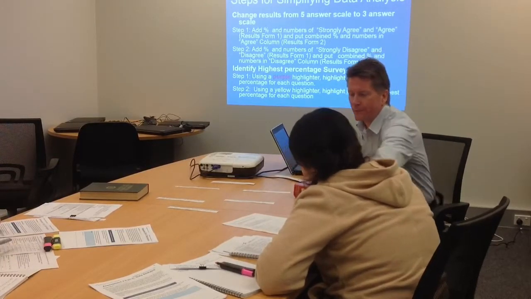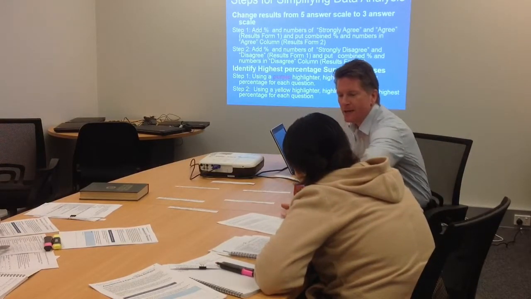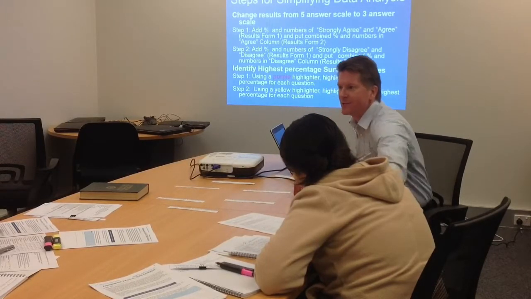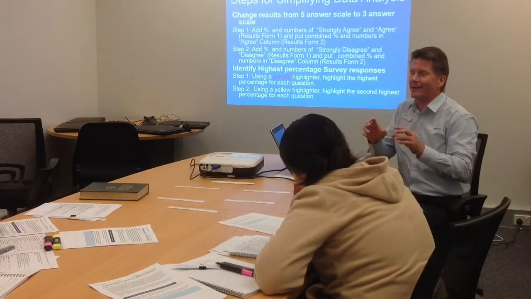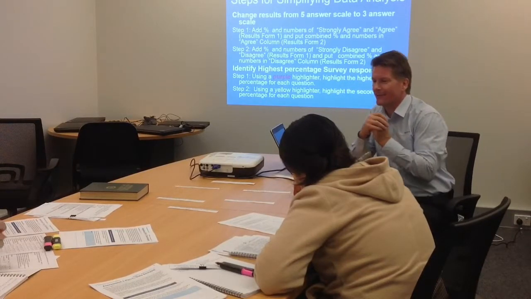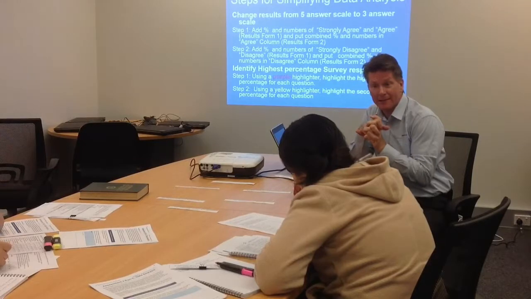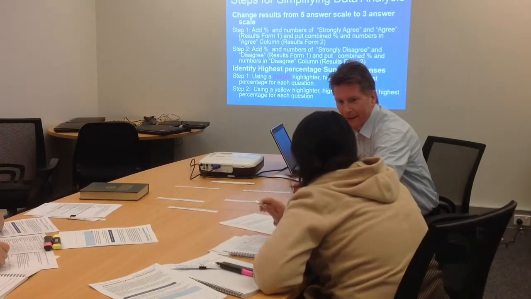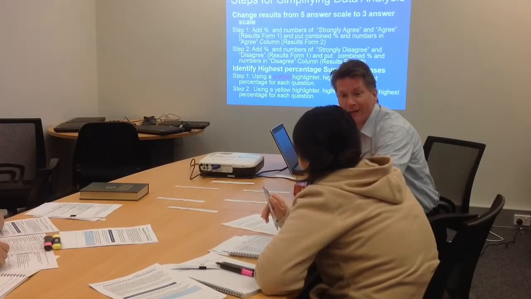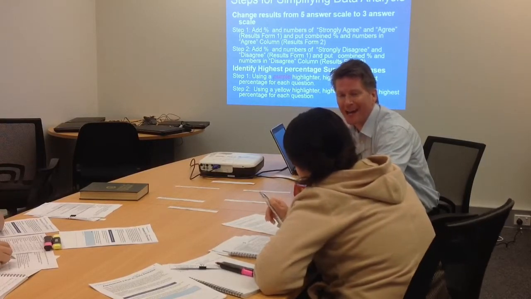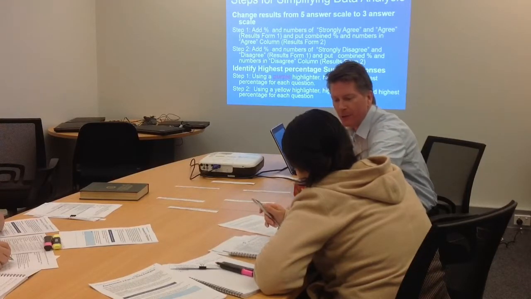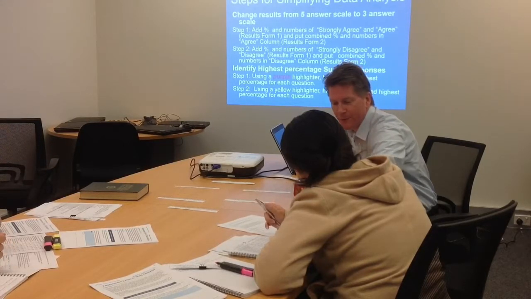Oh yeah, and use your form, so you can put the answers in the agree column and the answers in the disagree column. Not the answers, the percentages, sorry. Make sense? So adding the strongly agree and agree together, you put that percentage in this column, and for disagree and strongly disagree, when you add those 2, you put them in this column.